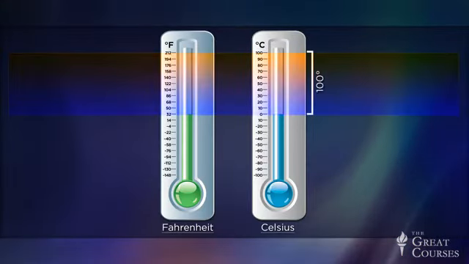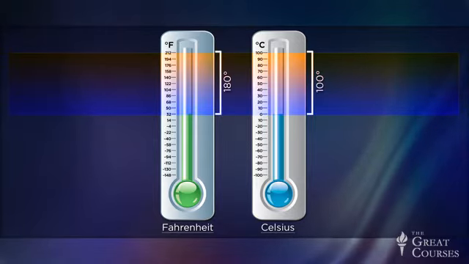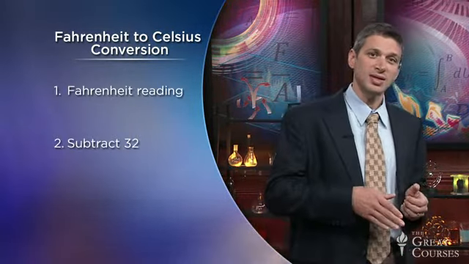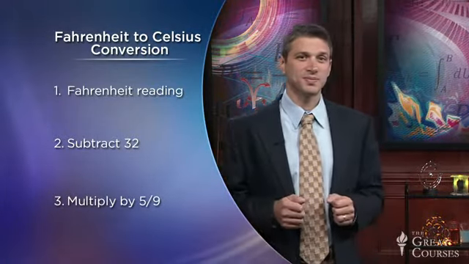So the 100 Celsius degrees between water freezing at 0 and water boiling at 100 are equivalent to those 180 Fahrenheit degrees between 32 and 212. To convert from Fahrenheit to Celsius, we take the Fahrenheit reading, subtract 32 degrees, and multiply by 5/9, as many of us learned early on in school.